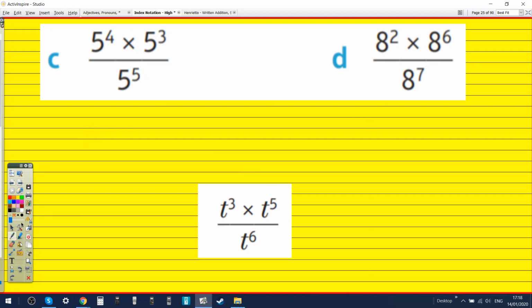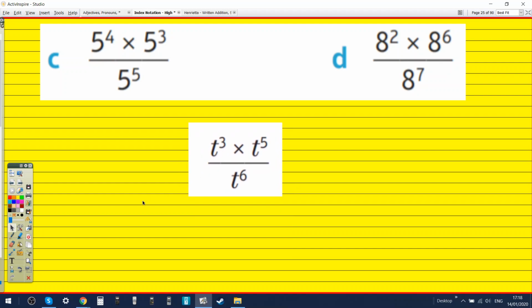What would be the bottom one? T. Is it T^2 divided by T^6?